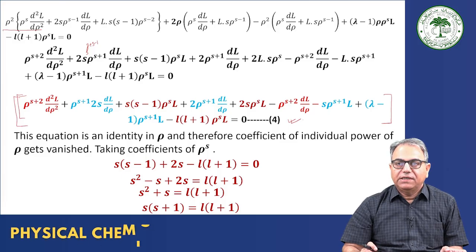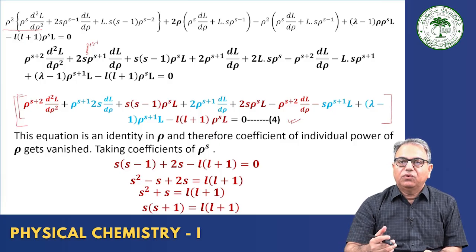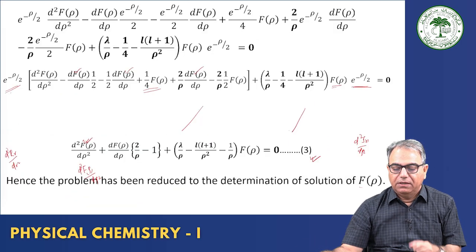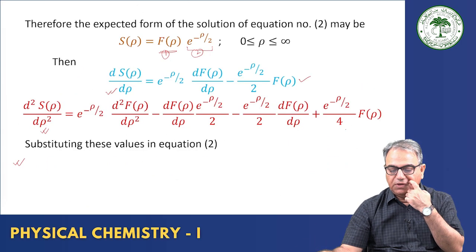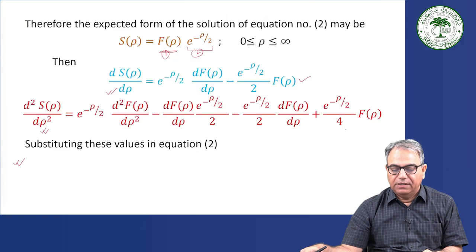So we will start this module with equation number 4 of the R equation, which I mentioned in the previous module. But before I go to equation number 4, I would like to go back to the previous slides, because there was some confusion.